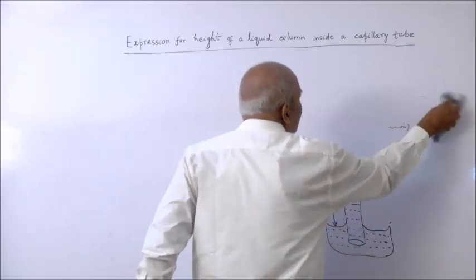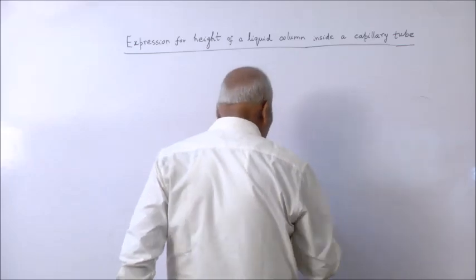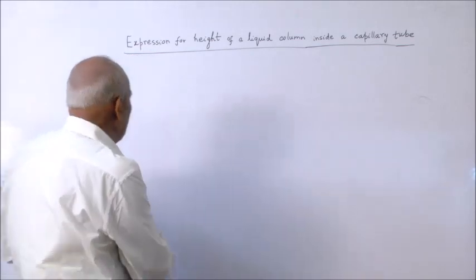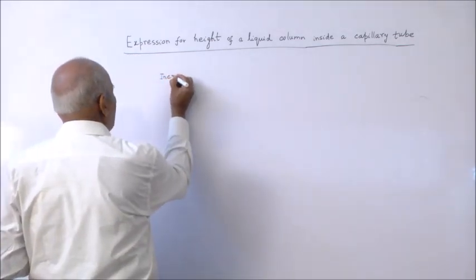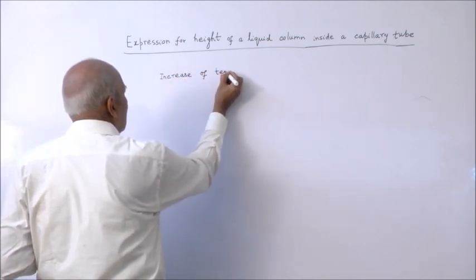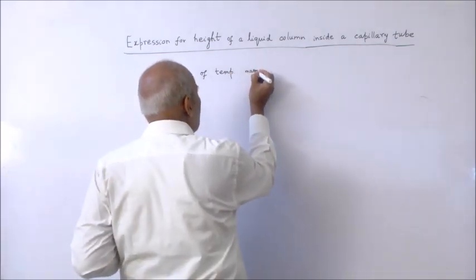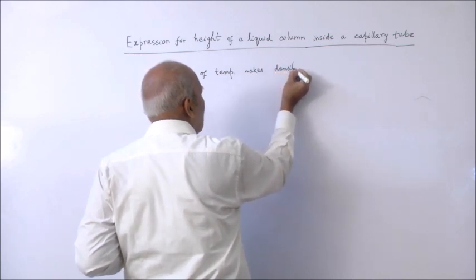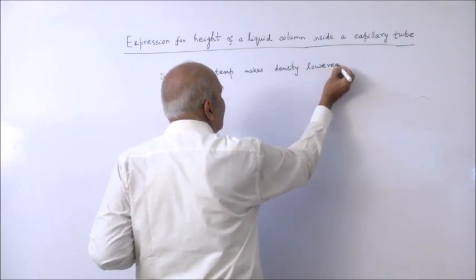As you know, surface tension varies with temperature, just like viscosity, because increase of temperature makes density lowered, because volume increases.